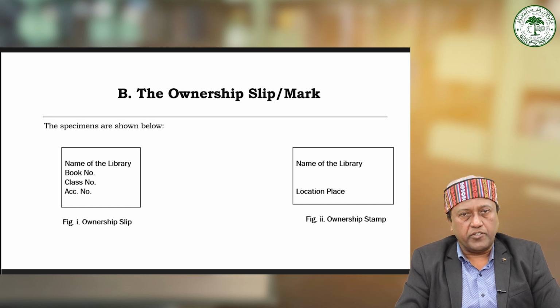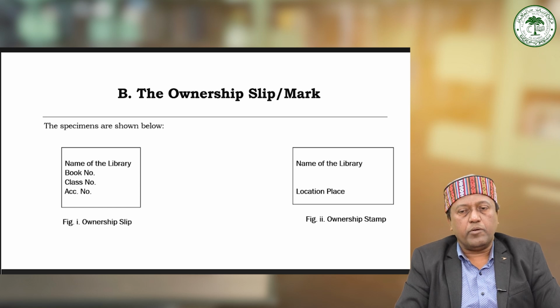This is the length and breadth, 3 inches length and 2.5 inches breadth. And the ownership slip provides sufficient space for the library's identification details while remaining unobtrusive to the overall appearance of the material, and its strategic placement and sturdy construction ensure that it withstands handling and storage, maintaining its integrity over time.